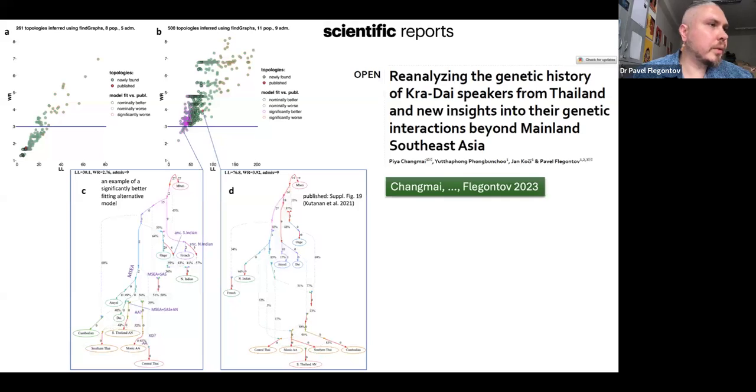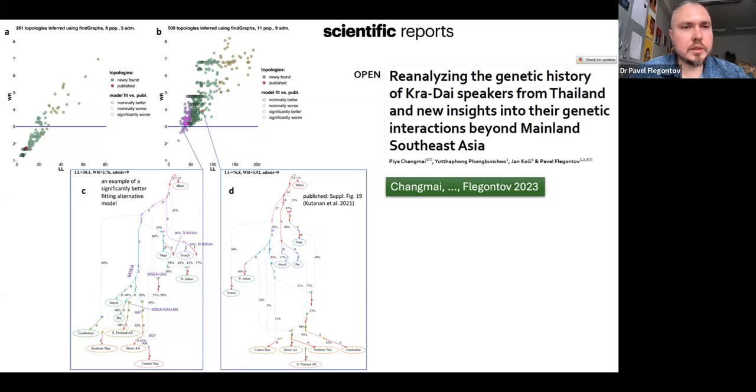Sometimes they even run bootstrap comparisons of statistical significance and make some conclusions. They reject certain models of history or accept other models of history. But there's a very deep problem: we don't know if the basic assumptions about history are correct.